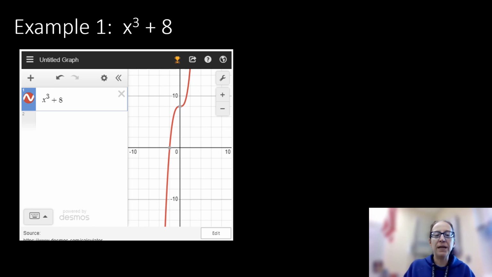So this piece here is going to require a little bit of explaining. If you look at the graph there, you'll notice that it crosses the x-axis at x is equal to -2. So what we need to remember is this. Okay, I'm going to actually work backwards.